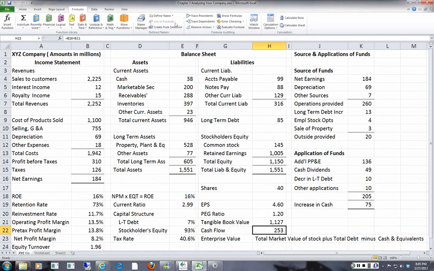Cash flow is net income, net earnings, plus depreciation to come up with $253.